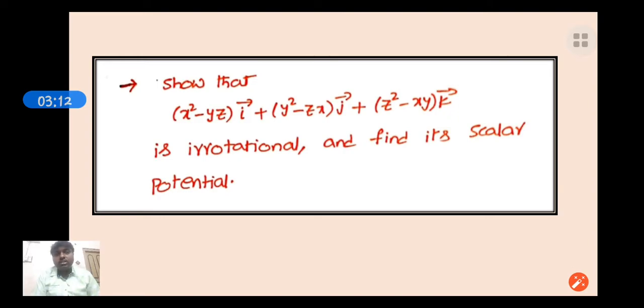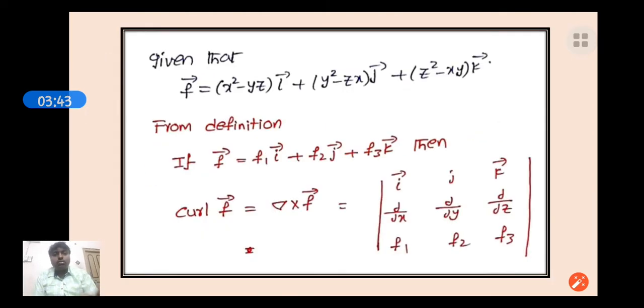First, they give a vector point function f bar, and we have to show that it is irrotational, that means curl f bar is equal to 0 bar. After showing that, we have to find a scalar potential function phi such that the given vector point function f bar is equal to del phi.